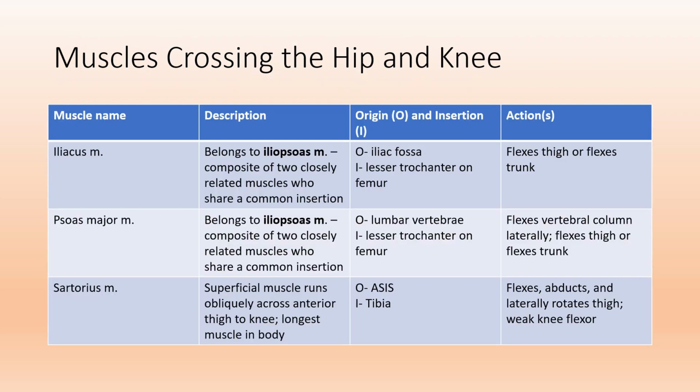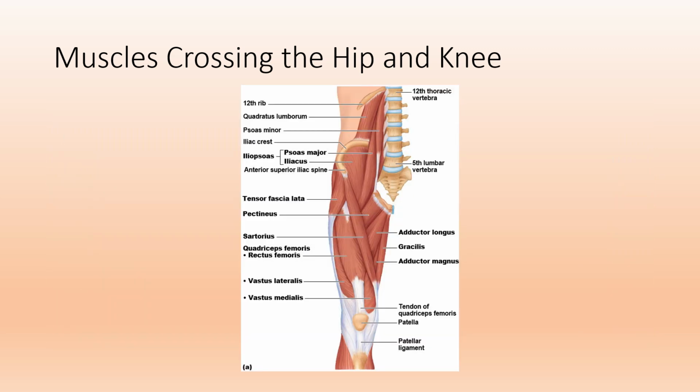We'll start by talking about three muscles, and here you could take a moment to pause the presentation and identify the three muscles that we just learned everything about: the iliacus muscle, the psoas major, and the sartorius. On this slide here, you could see that the iliacus muscle lives in the iliac fossa.